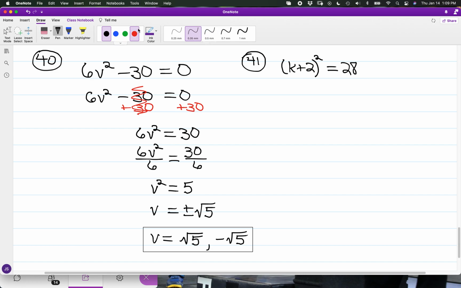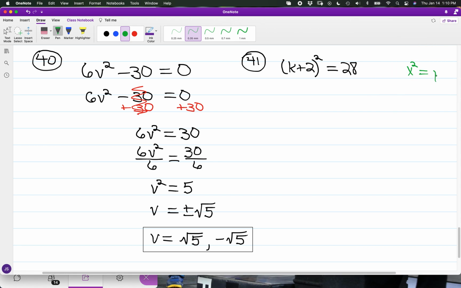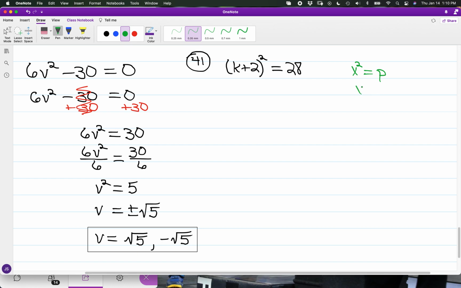Again, this is running on a parallel course to the square root property of equality, where we have x squared is equal to p, so x is equal to plus or minus the square root of p.